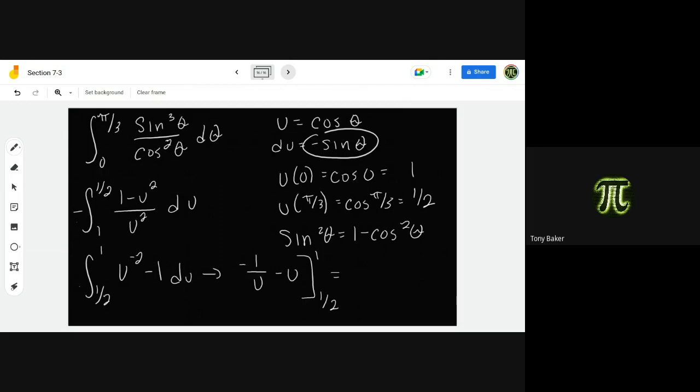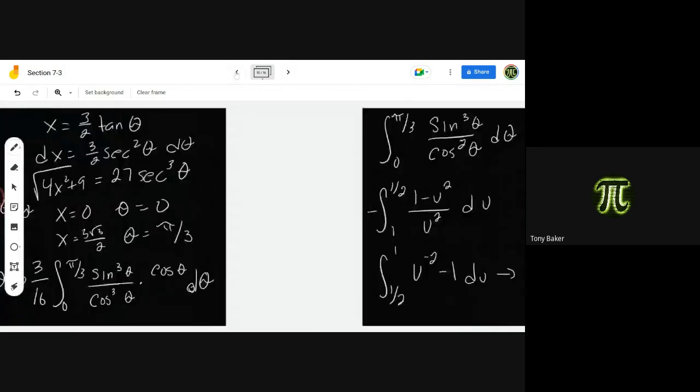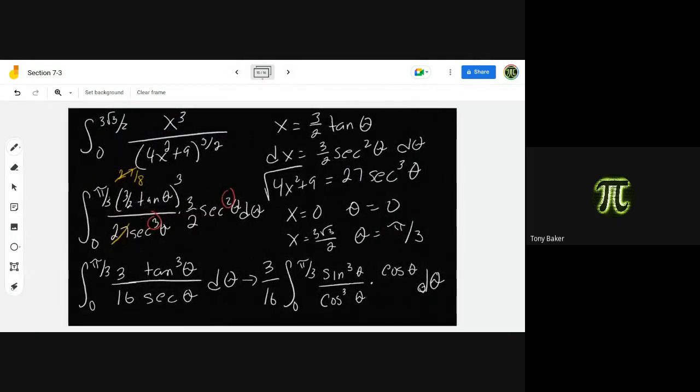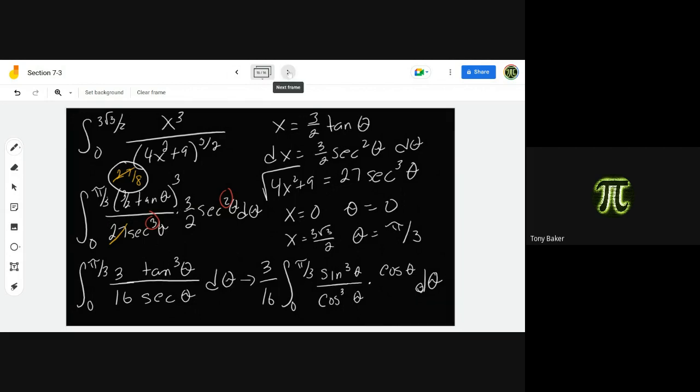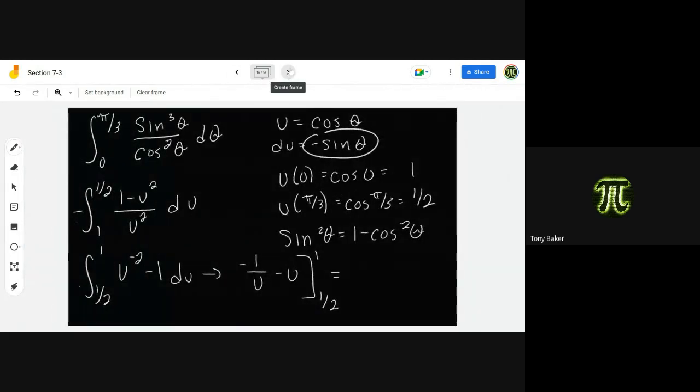I'm very confused now because I have an eighth that I pulled out of the equation a long time ago. It's just been sitting outside. So you did have an eighth, kind of. You had the 1/8 right here. But you also had the 3/2. That's where the 3/16 came from.